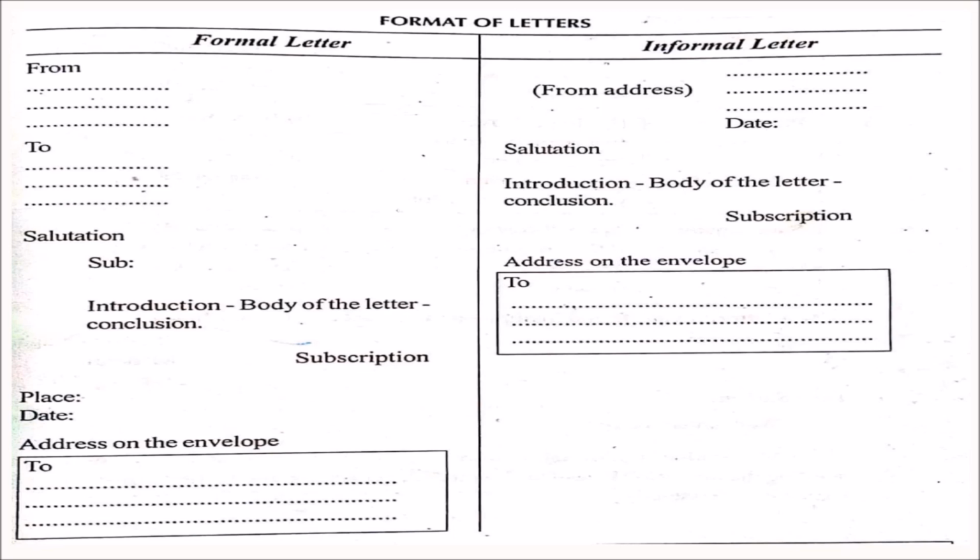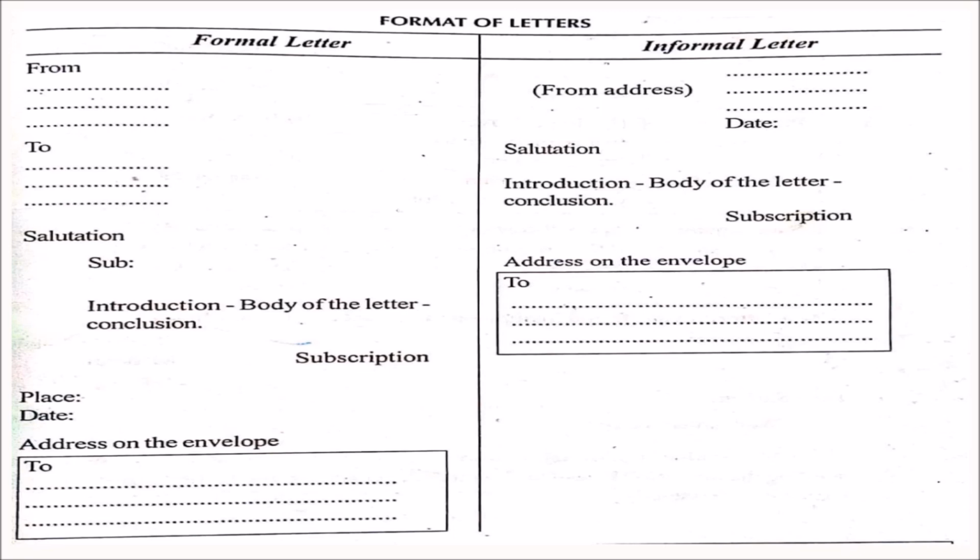Now, look at the format of letters. Formal letter as well as informal letter. Formal letter, we have from address, to address, salutation, subject, introduction, body of the letter, conclusion, subscription, place, date, address on the envelope.